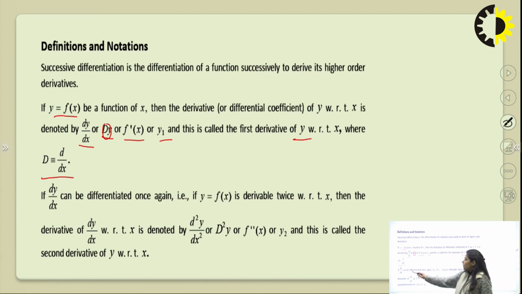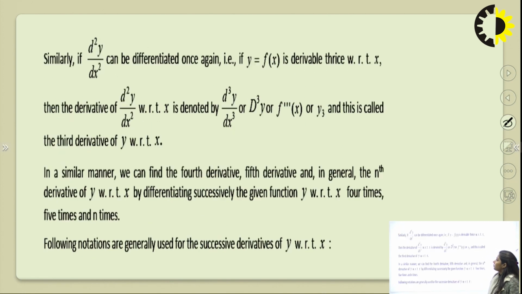Now if we differentiate dy upon dx again with respect to x, it will be denoted by d2y upon dx square, or D2y, or f double dash x, or y2, and this is called the second derivative of y with respect to x.